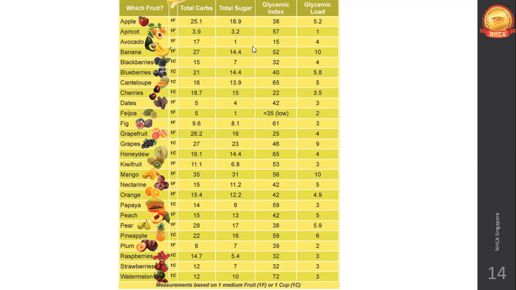One or two dates can be taken, not more than that. Portion size is important here. Mango also has a score of 10, so you have to be careful with the portion size.